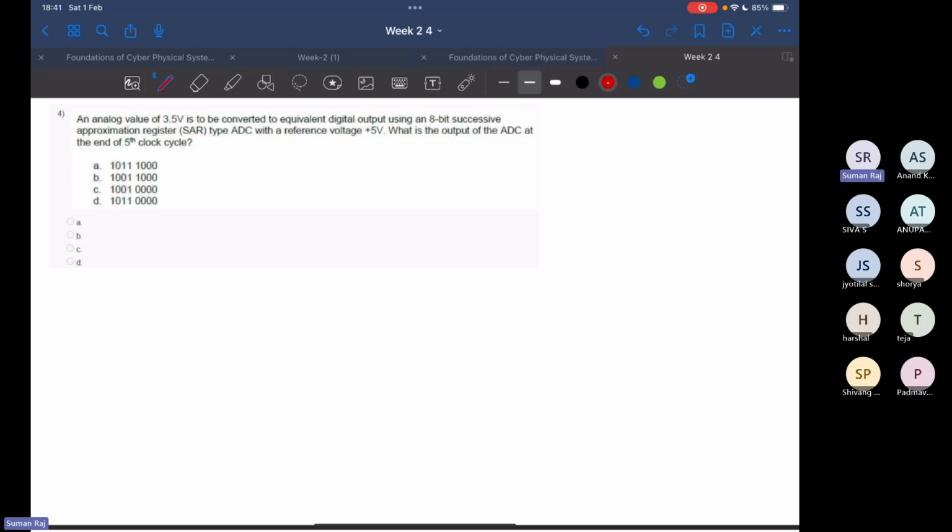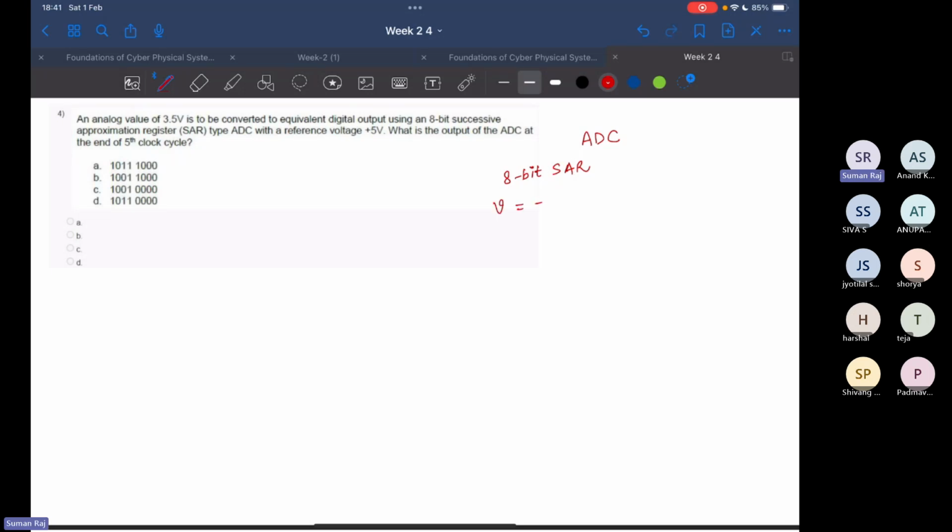So you have an analog value of 3.5, which you want to convert to equivalent digital output. So you are trying to do this conversion, analog to digital conversion. You have an 8-bit SAR ADC.